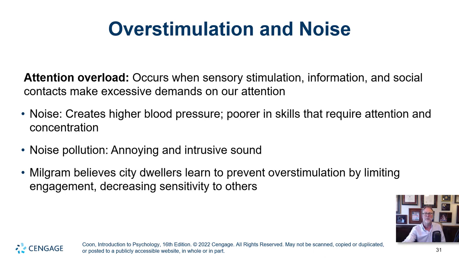Not going to get into it, but if you remember overstimulation, you probably remember Stanley Milgram. He talks about this a lot. I think he's also the one that did the marshmallow effect, if you remember that. But he really looked at large cities and related some of that research to the environment at work, which results in sensory and cognitive overload at work and how they can have a negative impact on performance.